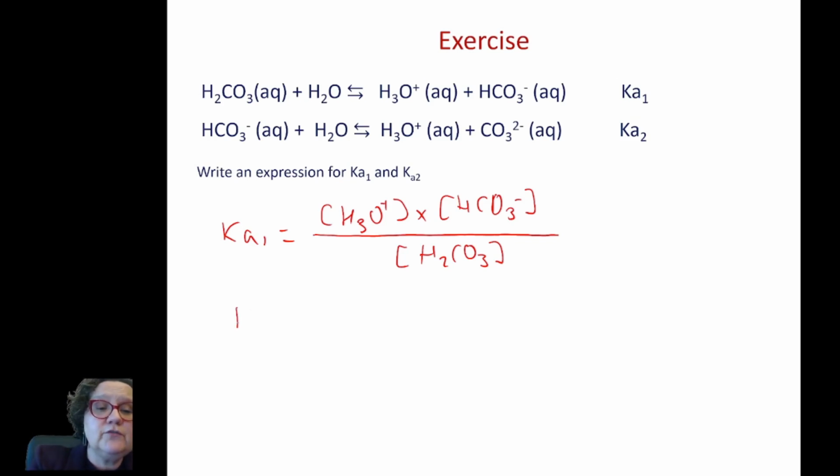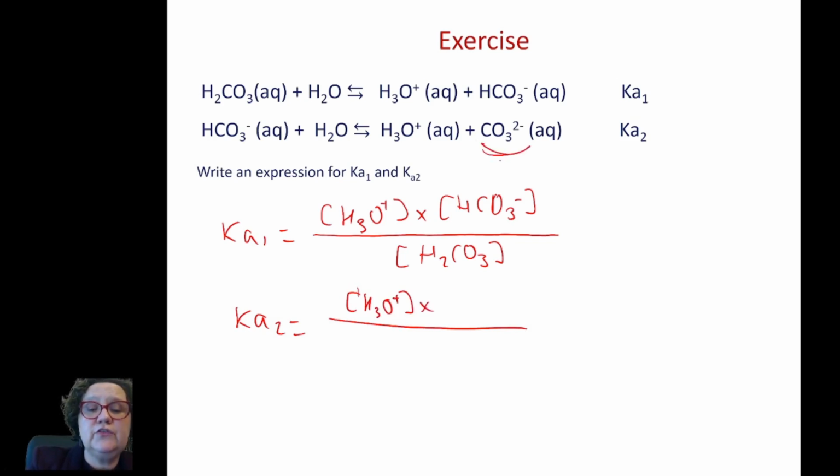If I write the same one for the second acidity constant, I've got the concentration of hydrogen ions, and the concentration of this species called carbonate, divided by the concentration of the weak acid, in this case the hydrogen carbonate anion.